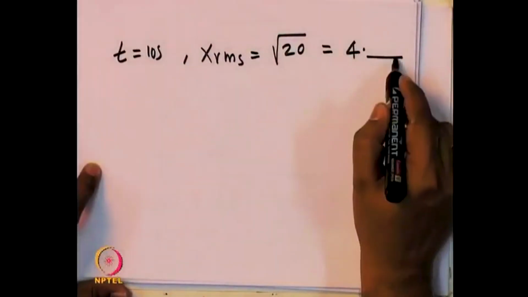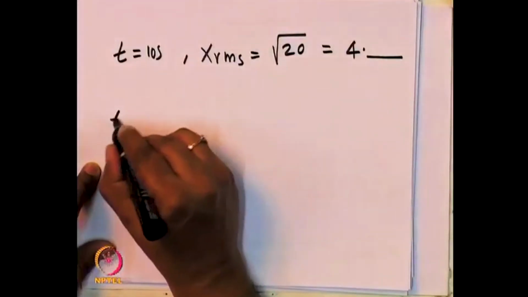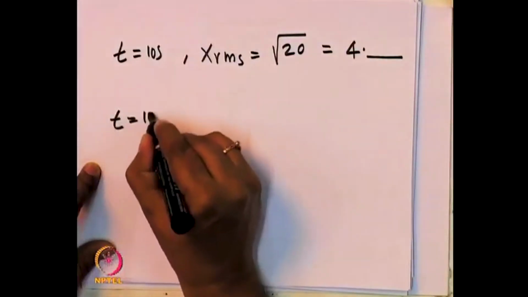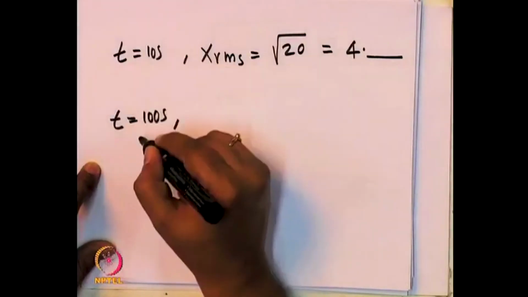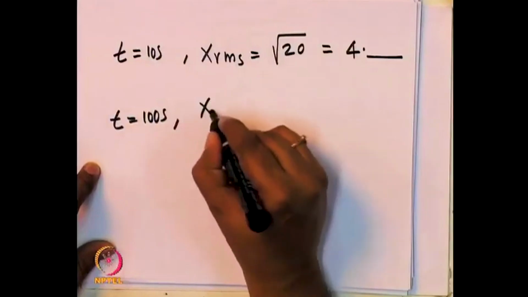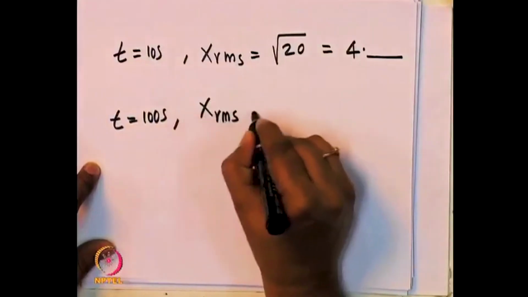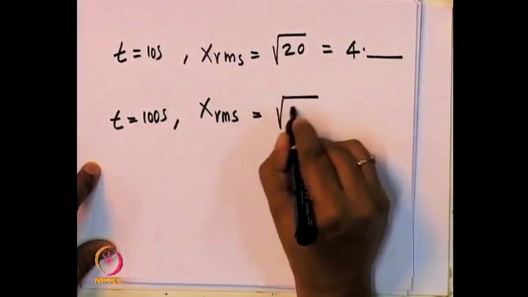So, this is 4 point something. Calculate it yourself what is root 20 and what is it in 100 seconds, that is, the time changed by 10 times. If you wait 10 times longer, it would have diffused a distance root of 200.